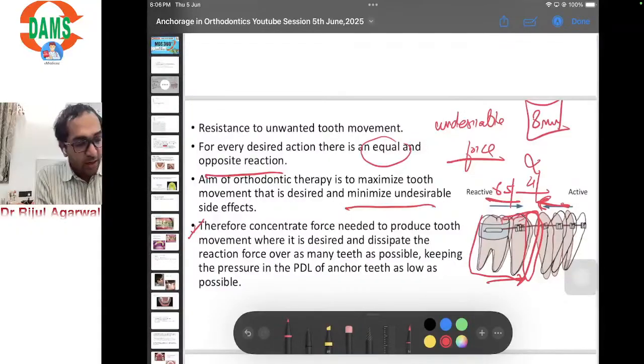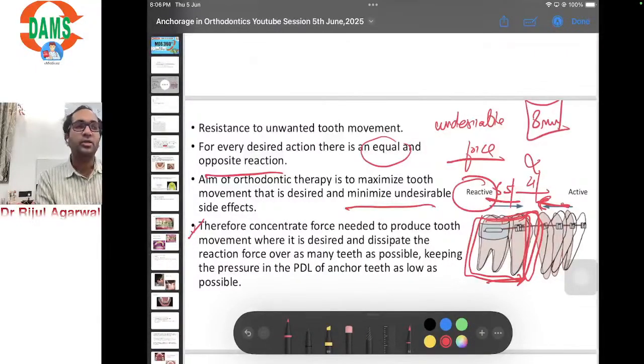So these undesirable tooth movements, the movement of the second premolar and the molar, we need to minimize by dissipating the reactive forces over many teeth, so that this undesirable movement decreases as much as possible. So how do we do that?